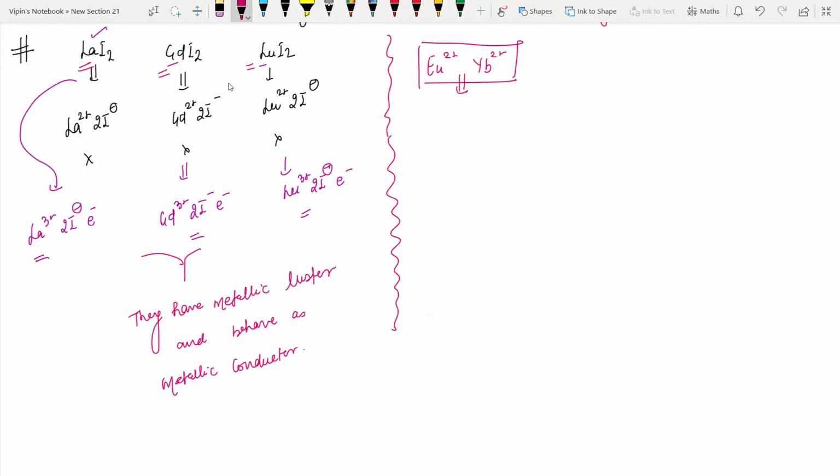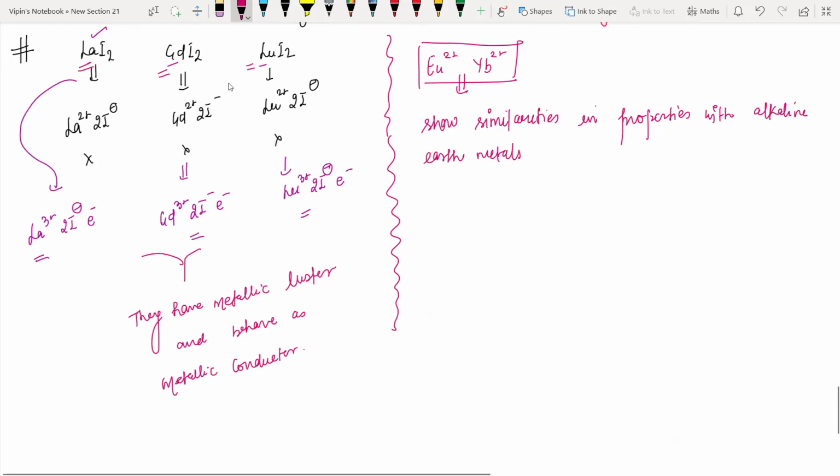These metals show similarities in properties with alkaline earth metals, right?